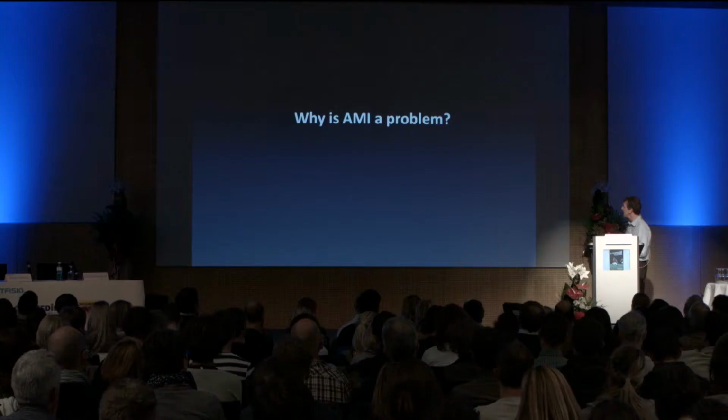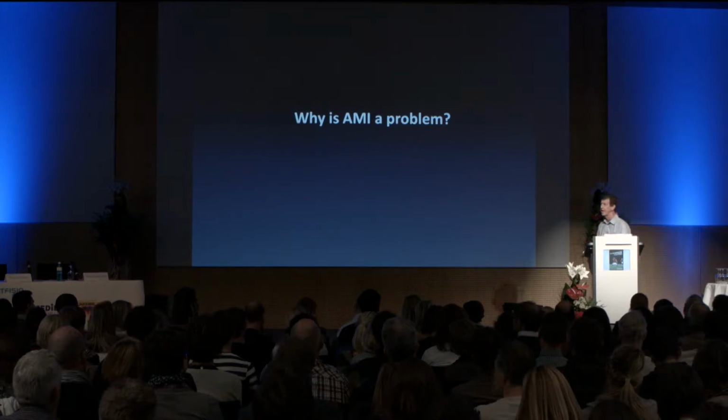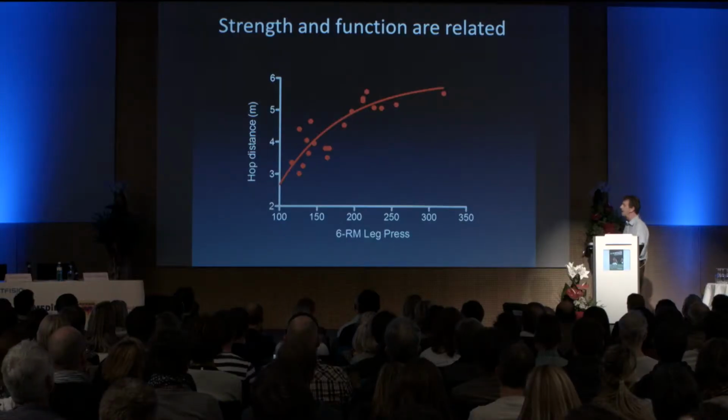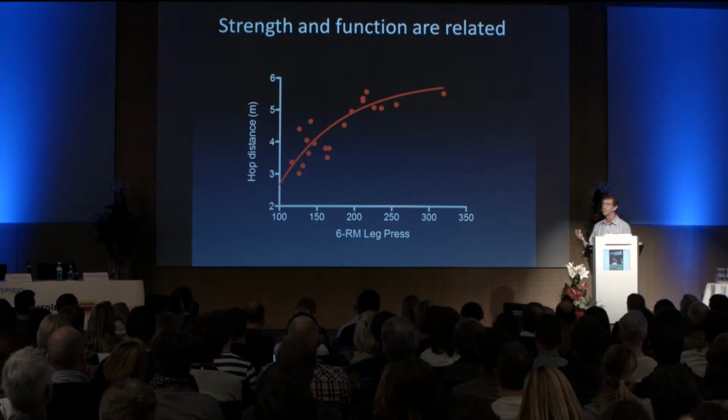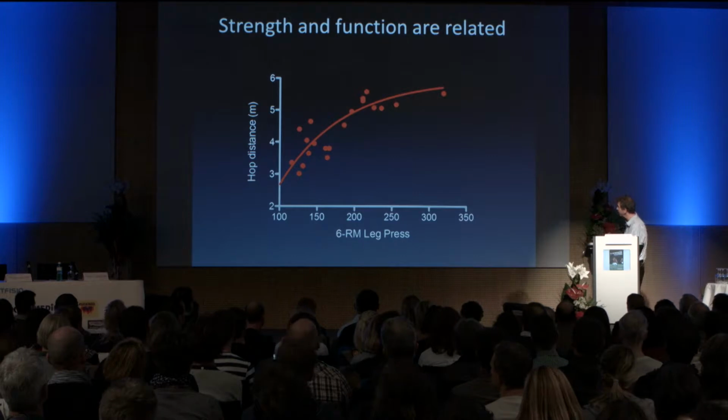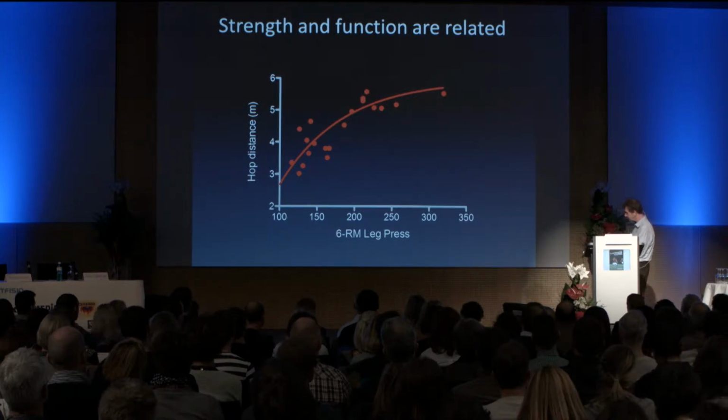So why is this a problem? Why would we want to enhance or to make sure that we've got the muscle working at 100%, so to speak? Well, the first reason is that we see at least moderate relationships when we look at the relationship between, say, strength, in this instance strength being a 6 RM leg press.